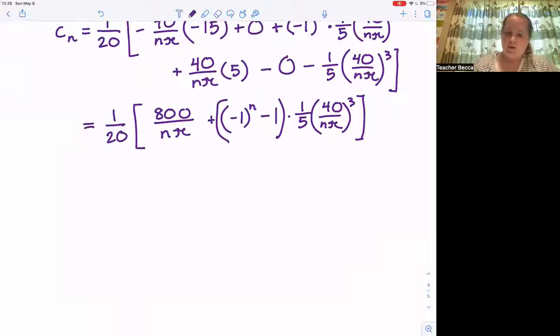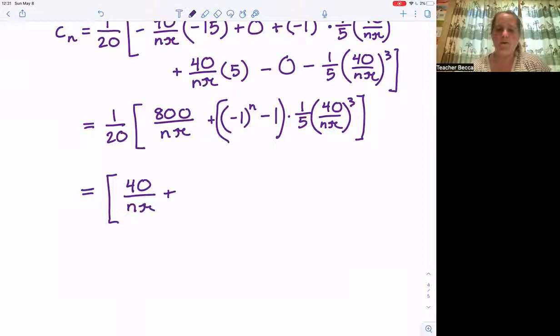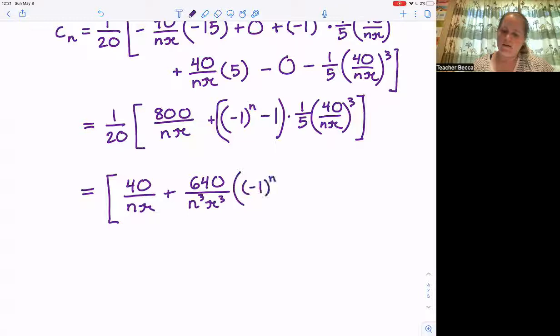If we multiplied in our 1/20, we are looking at a 40 over n pi plus, if we do our 40 cubed divided by 20 divided by 5, we wind up with 640 over n cubed pi cubed times -1 to the n minus 1.